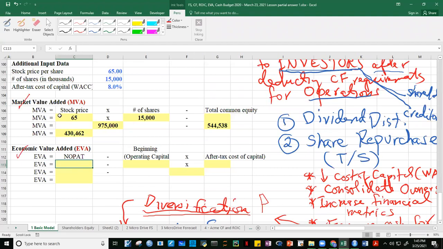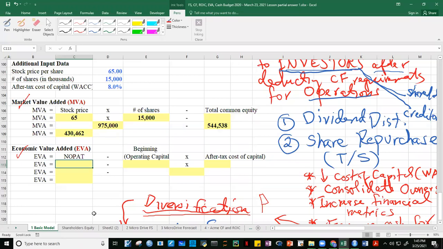Basa, tingnan kung ano ba yung purpose ng MVA at saka EVA. So let's go now to EVA, another very important measure, which personally, I feel that your EVA is more important really than MVA.